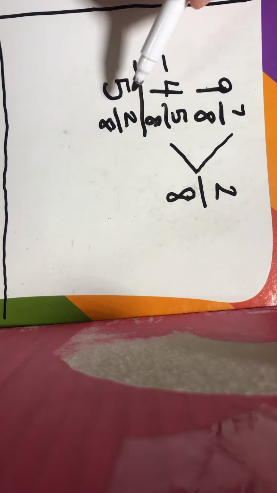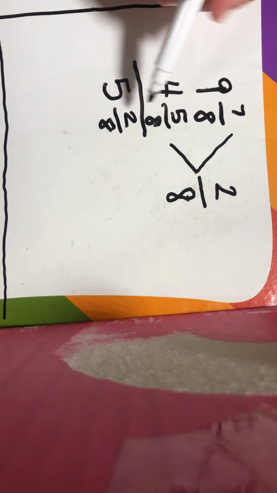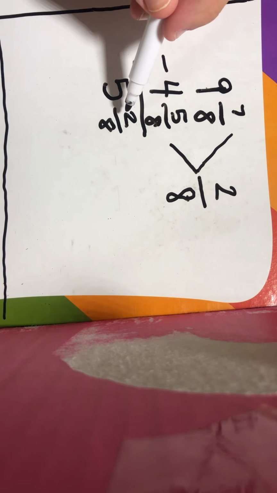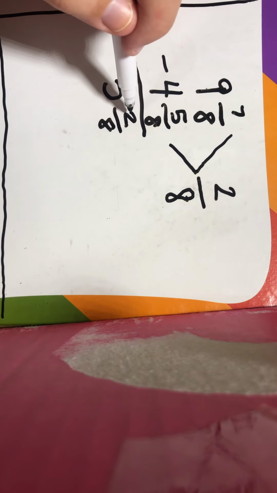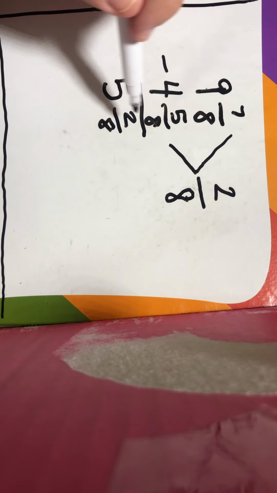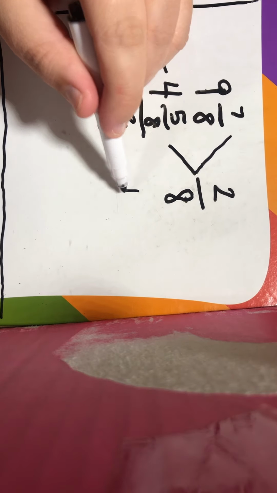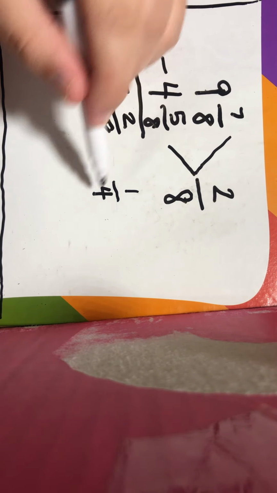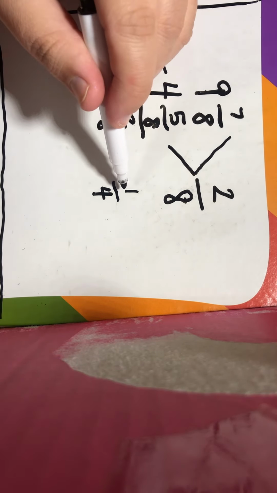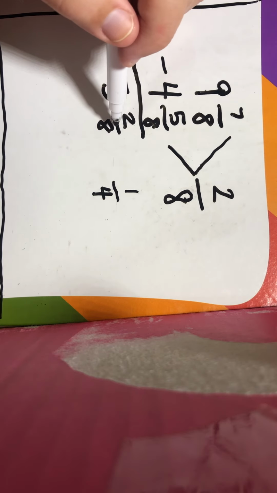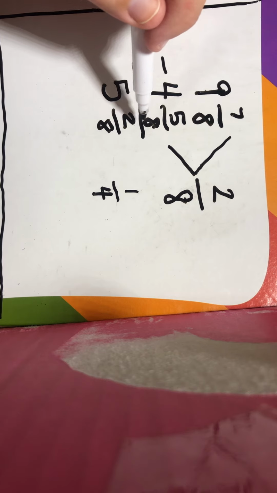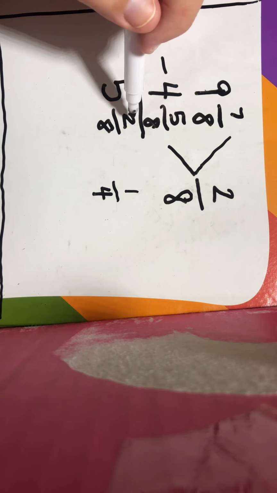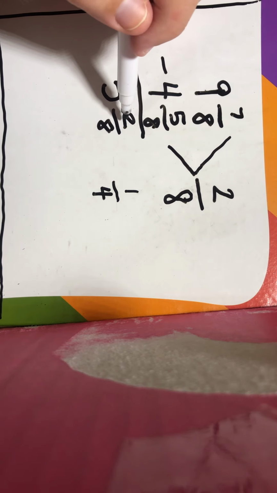Now you could leave it as it is, as 5 and 2/8, but we're going to try to reduce this fraction down to its lowest possible fraction. And so the equivalent of 2/8 in its lowest form is 1/4. And how we get this is we see the number 8 and the number 2, and we try to find the greatest common numeral, which is the number 2.